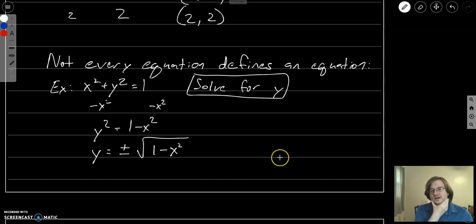And this is where we'll see that this is in fact not a function, because I could have a positive number or a negative number come out. This is not a function.